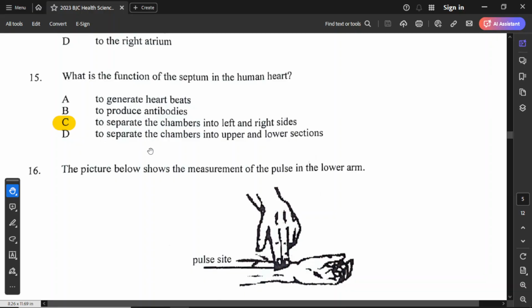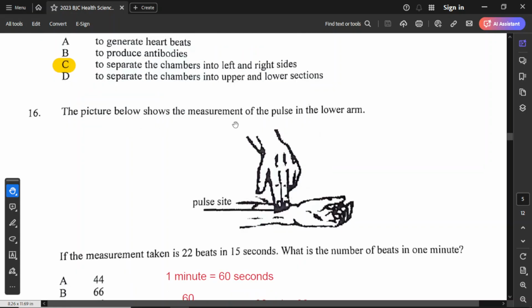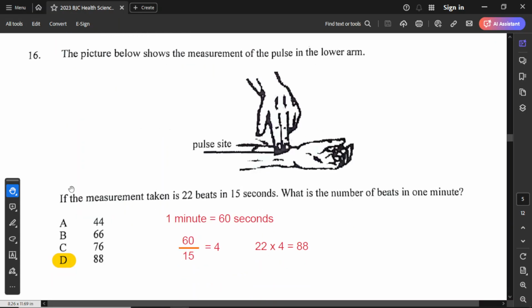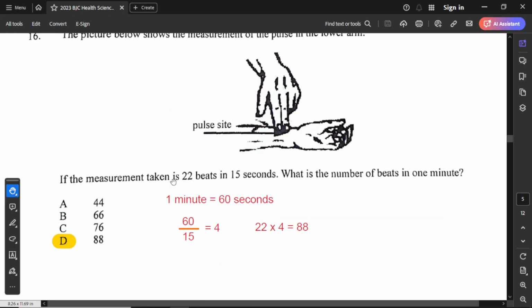Question number 16 is the picture below shows the measurement of the pulse in the lower arm. If the measurement taken is 22 beats in 15 seconds, what is the number of beats in 1 minute? As we know, 15 seconds will have to be multiplied by 4 to get 1 minute.